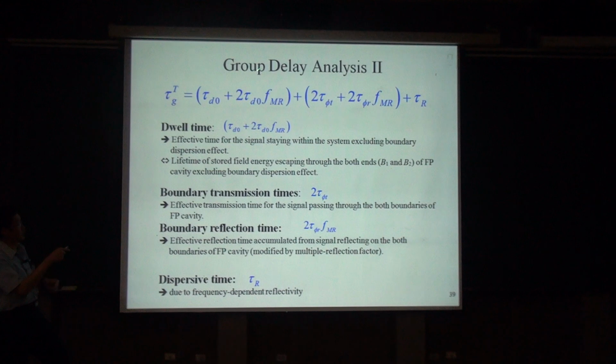Okay, so this is the definition here. Dwell time, the traditional understanding; boundary transmission time here; boundary reflection time here; and dispersive time, anomalous dispersion, if it occurs, will be here.